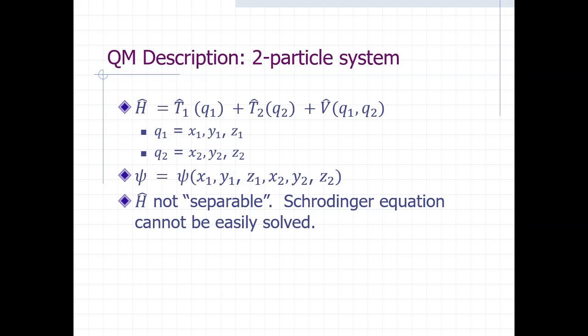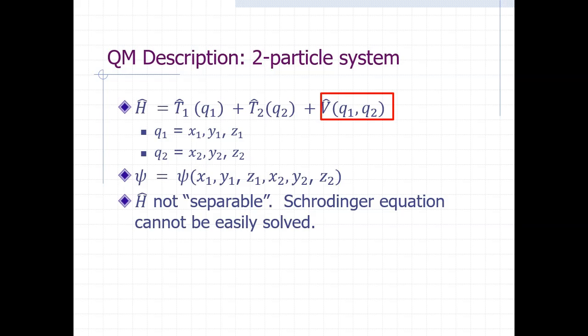Let us now take a look at the quantum mechanical description of a two-particle system. The Hamiltonian operator can be written as a sum of the kinetic energy operator for particle 1, which depends on the coordinates of particle 1, the kinetic energy operator for particle 2, which depends on the coordinates of particle 2, and the potential energy operator, which accounts for the interaction of particles 1 and 2.